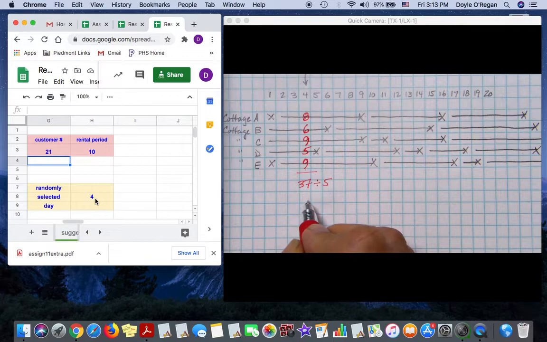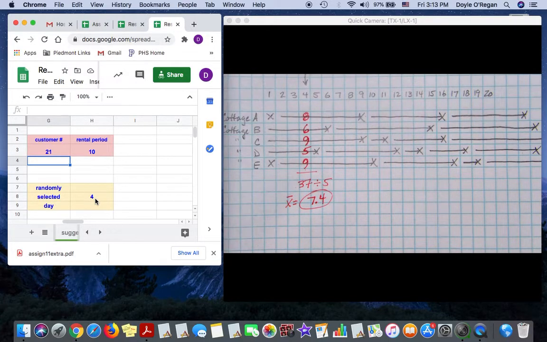And I end up getting, let's see, 5 goes into 35 7 times, and then I believe it's 0.4. So that's what I get for the average length of stay, 7.4 days, which is a little higher than the 5.5 average that I thought about before.